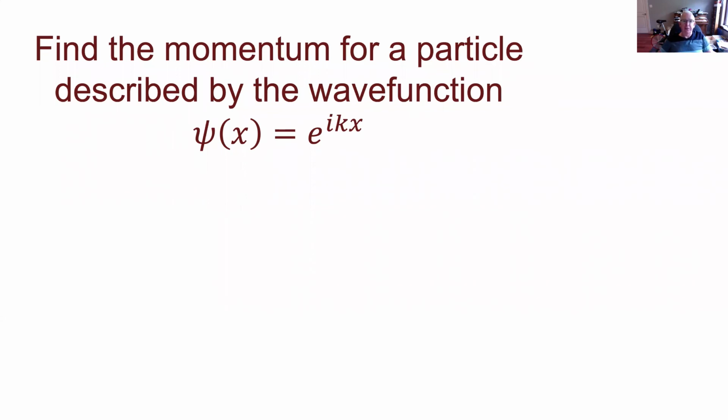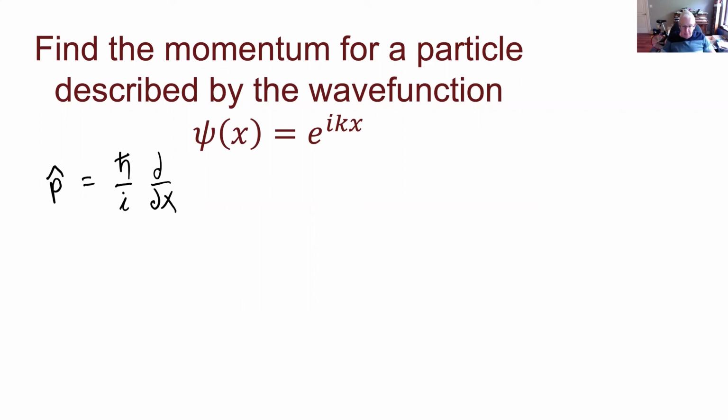So if this is my wave function, the wave function we put together, and we found the kinetic energy for it earlier, let's now look at its momentum, right? My momentum operator, we just decided we're going to use p equal to h bar over i, derivative, like that.